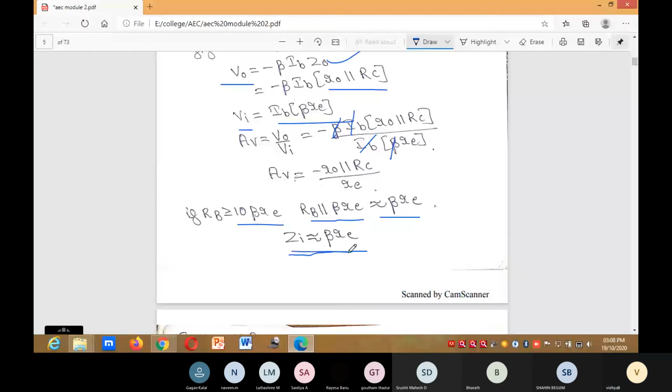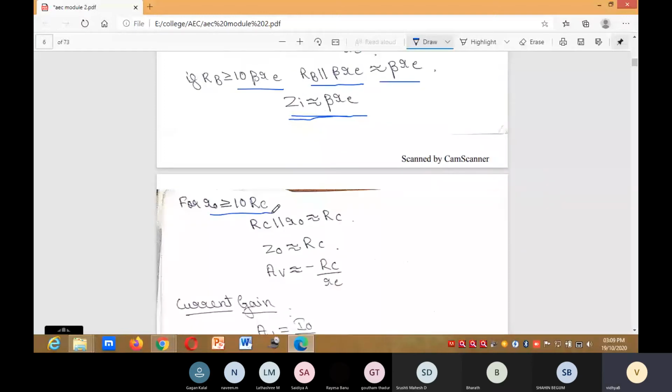If Ro is greater than or equal to 10 times Rc, then Rc parallel Ro is equal to Rc. Then the output impedance you will get is Rc, and Av will become minus Rc divided by Re.